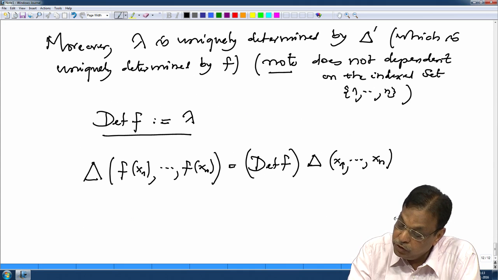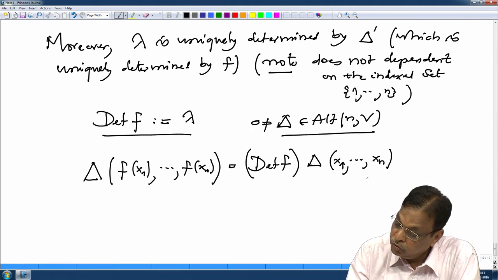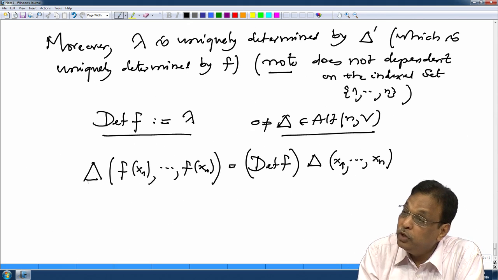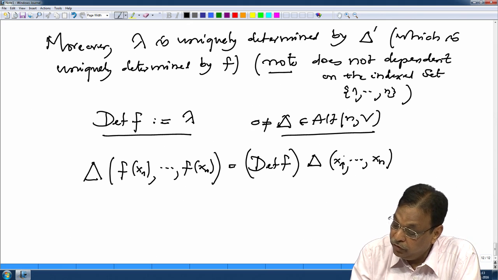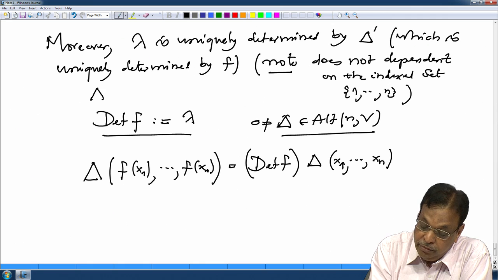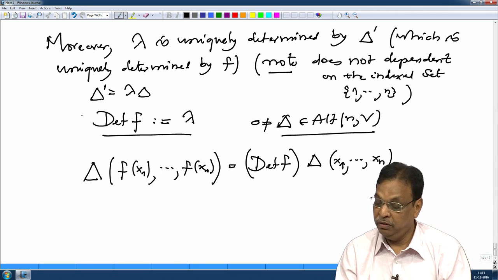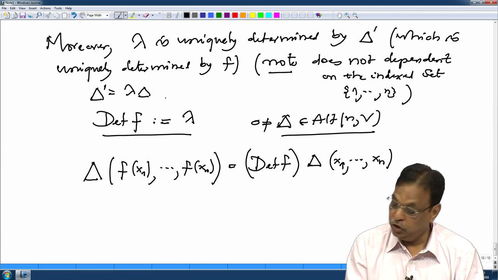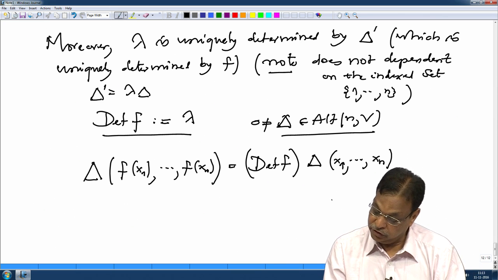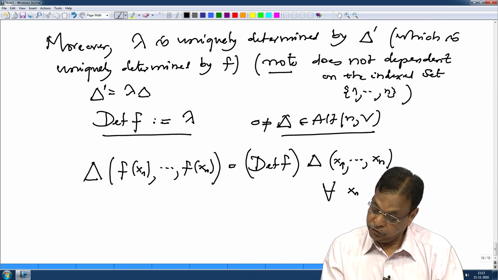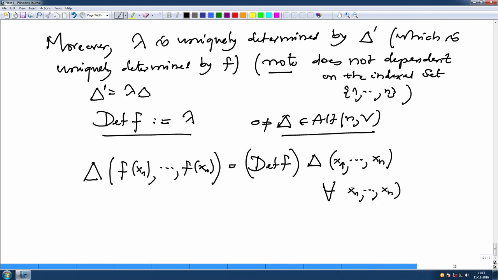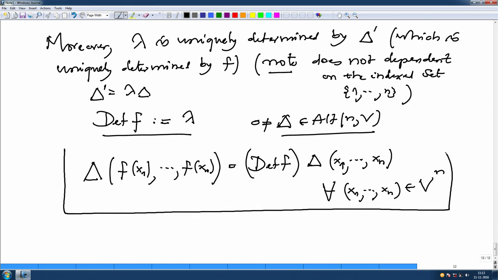This delta was given to us in Alt^n(V), non-zero. So, when you say delta prime equal to lambda times delta, that means on any tuple they are equal. So, when you evaluate this equation on the tuple x1 to xn, you precisely get this, and this is true for every x1 to xn in V^n. This is how the determinant is defined.